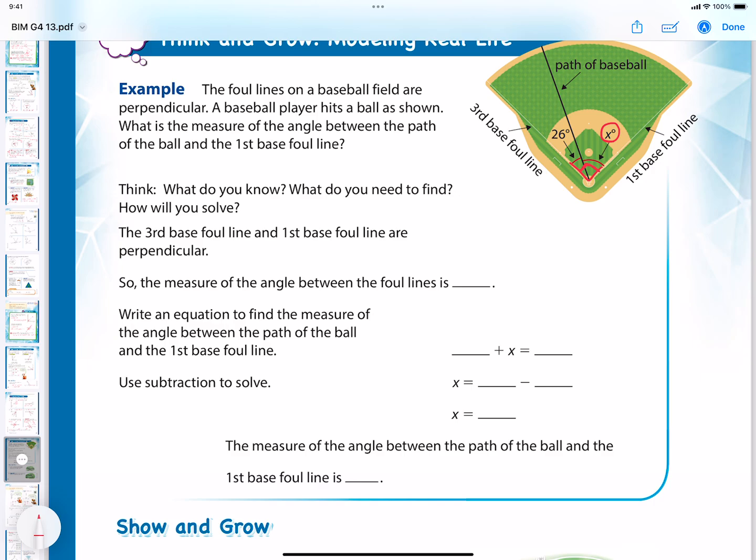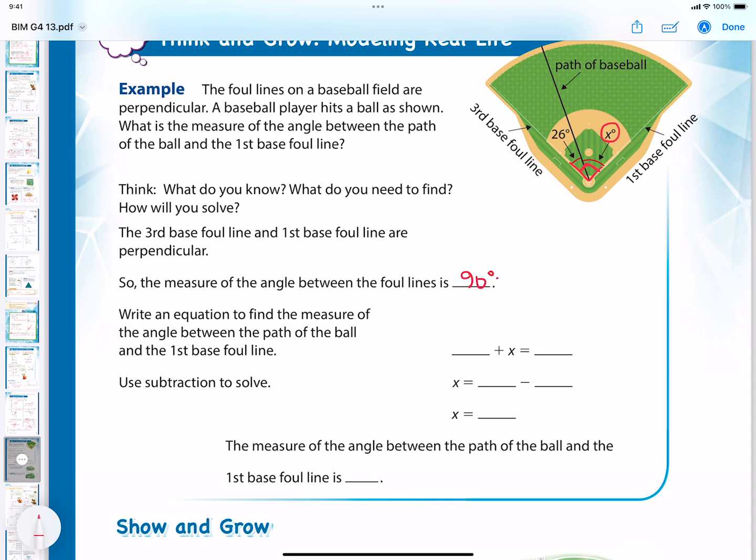Let's go ahead, but still, let's read it. Think. What do you know? What do you need to find? How will you solve? The third base foul line and first base foul line are perpendicular, which is 90 degrees. So the measure of the angle between the foul lines is 90 degrees.